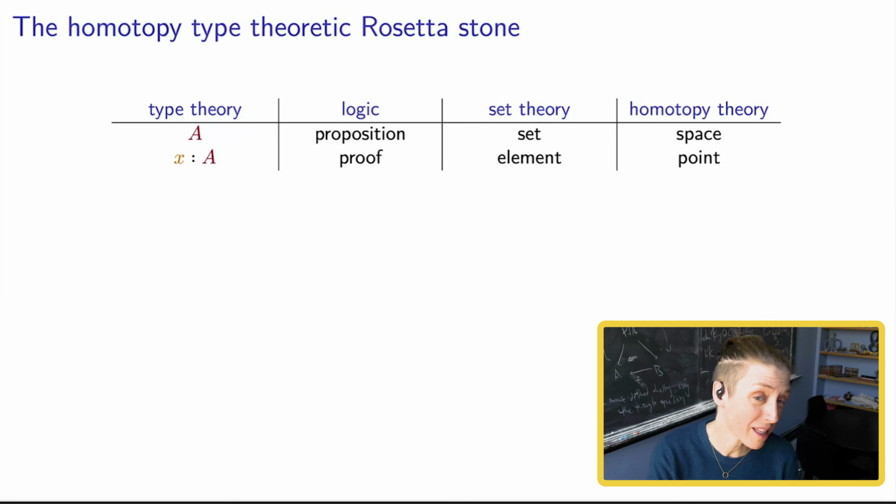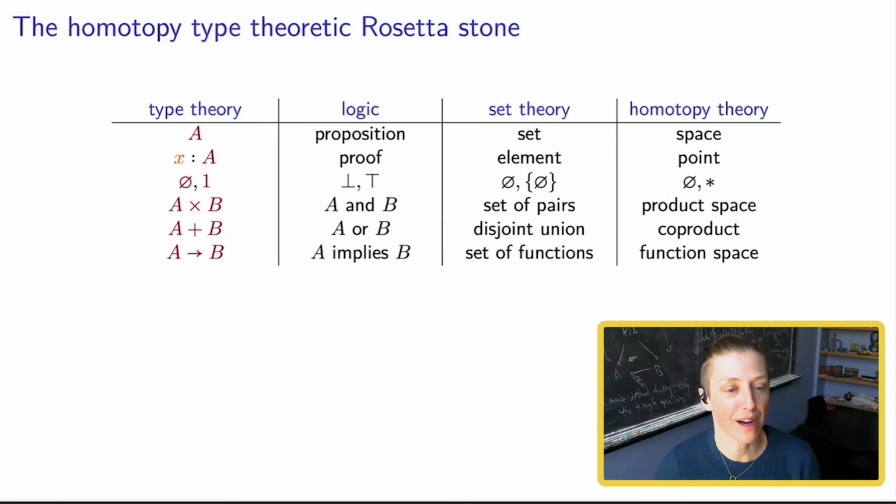If I'm interpreting them logically, I can think of a type as encoding a mathematical statement or proposition, and a term as encoding a proof of that proposition. If I'm basing my intuition on set theory, then types are roughly analogous to sets, and terms are roughly analogous to elements of those sets. But a better intuition will be in homotopy theory, where I think of a type as being a space and a term as a point in that space.